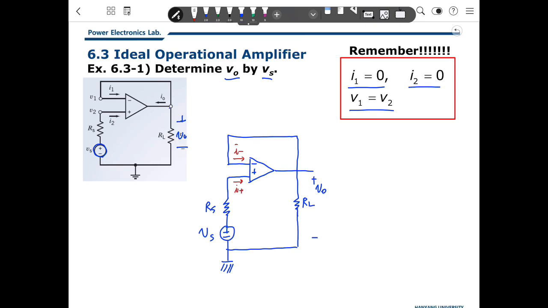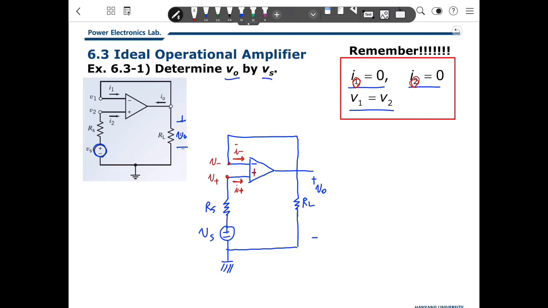Actually, in our textbook, we use I1 and I2, but that may be a little confusing with other circuits. So here I use I plus for the current going into the non-inverting pin, and this is I minus. This node voltage we define as V plus, and this node voltage as V minus.